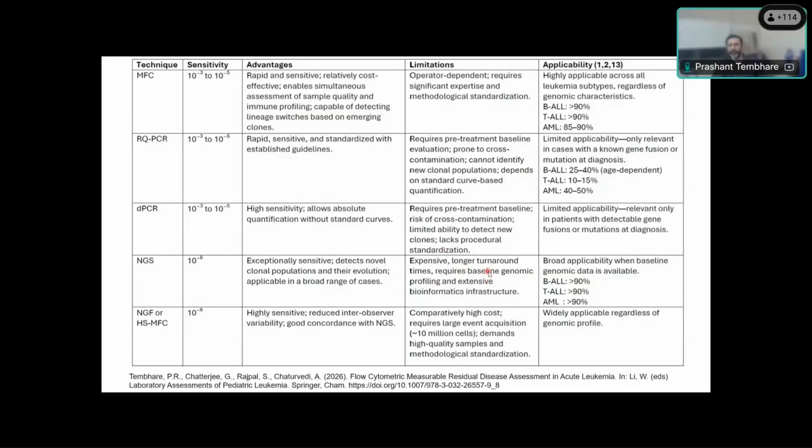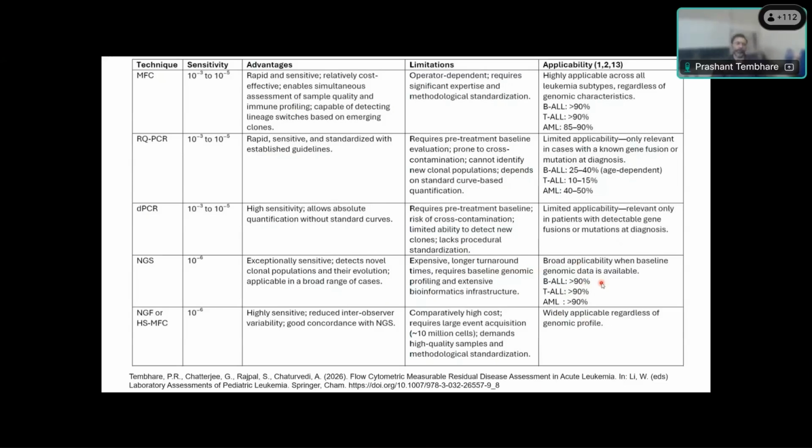Also, in many cases you need baseline genomic profiling and extensive bioinformatic infrastructure. You need a lab which has higher infrastructure, including bioinformatics as well as high-end computational power. But the advantage is that it is applicable to more than 90% of patients.